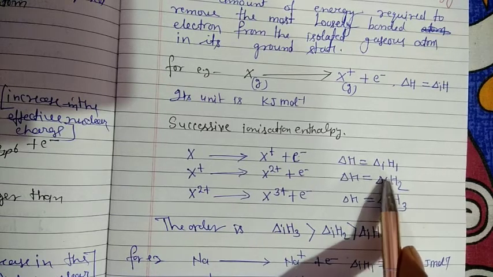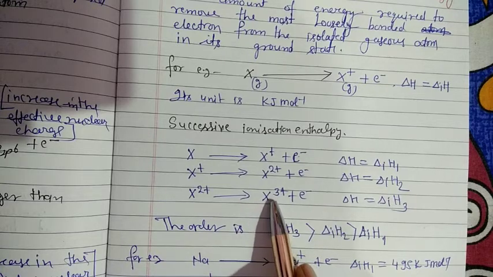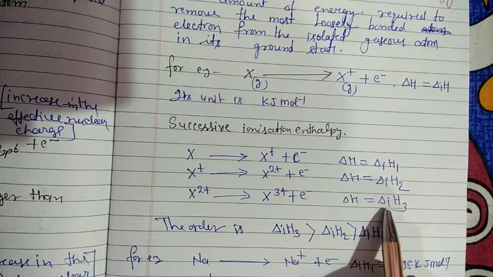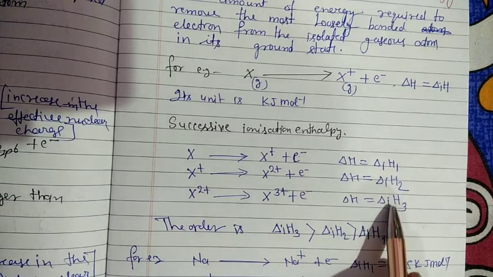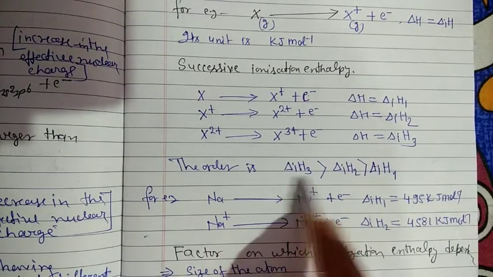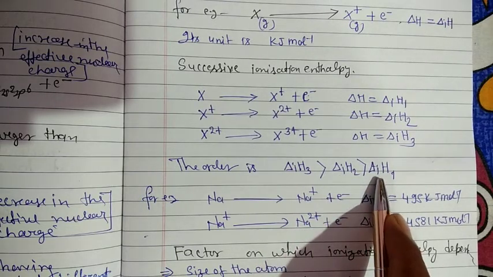In a similar way, if it loses 3 electrons, it carries 3 positive charges. This is known as third ionization enthalpy. The third ionization enthalpy is greater than the second ionization enthalpy, and the second is greater than the first. Why?